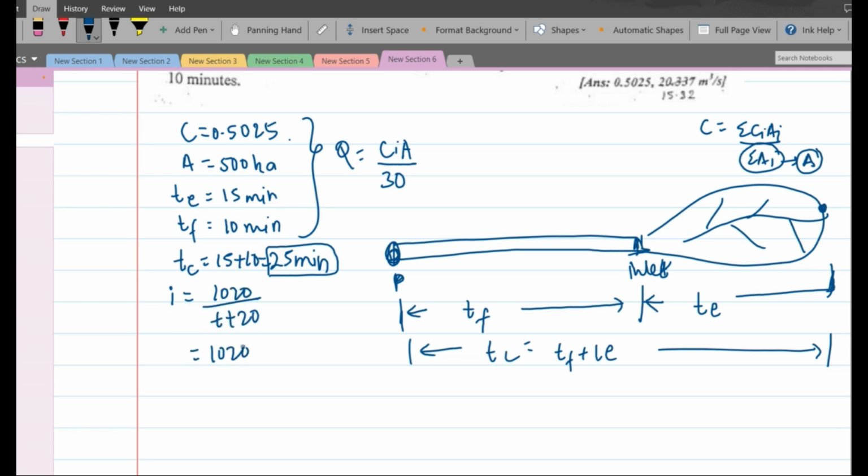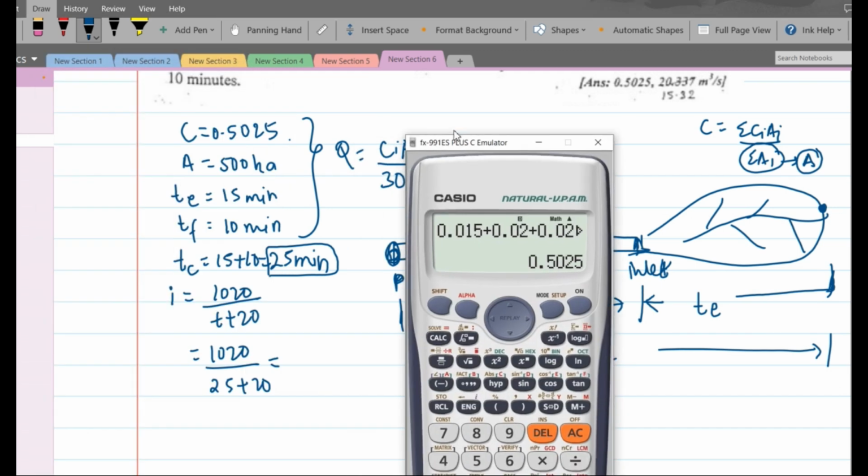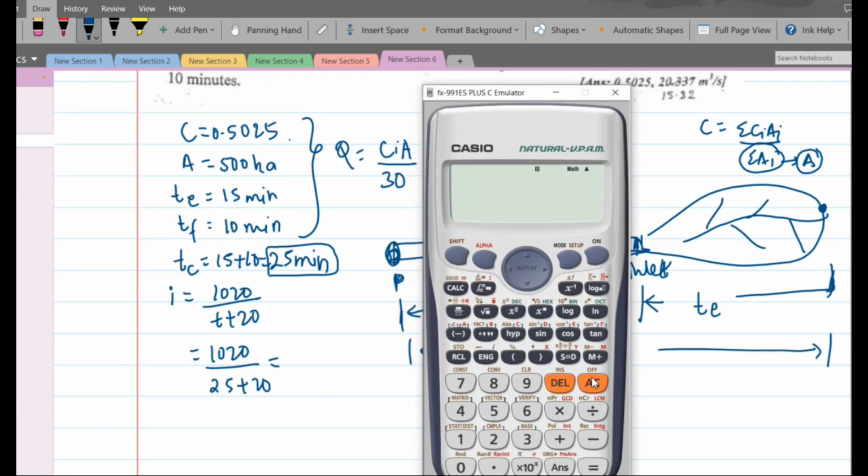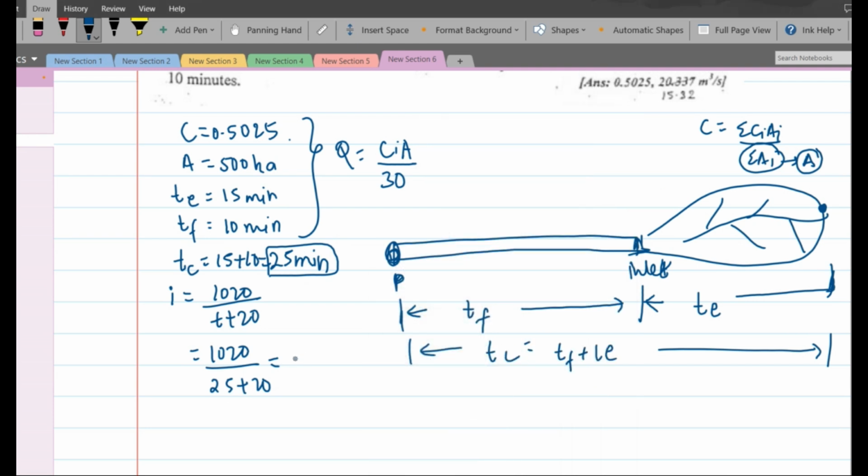So T is 25, plus 20. Let's calculate. 1020 divided by 45, right? So it will be 22.6 mm per hour.